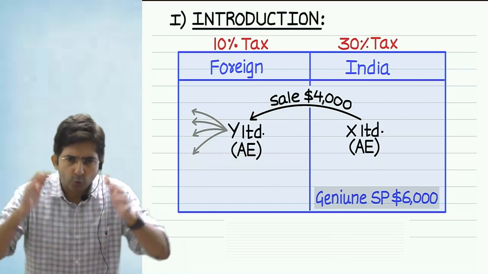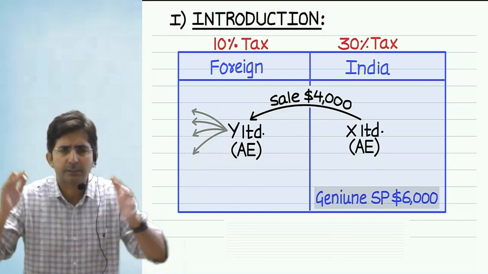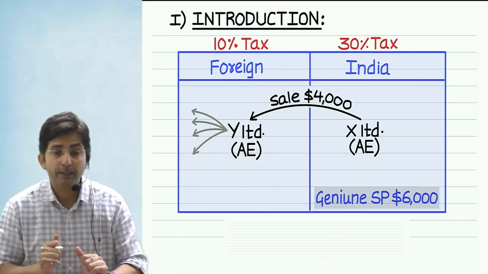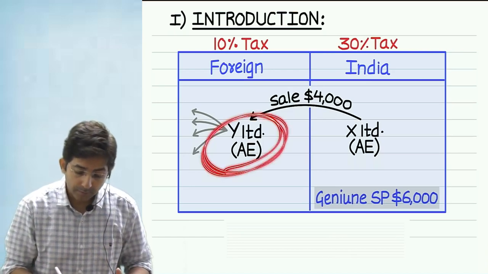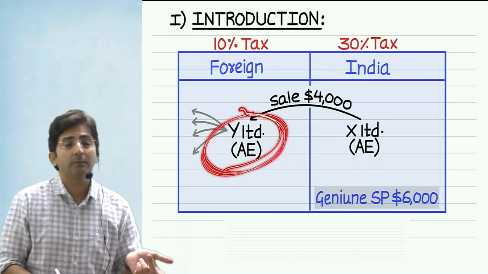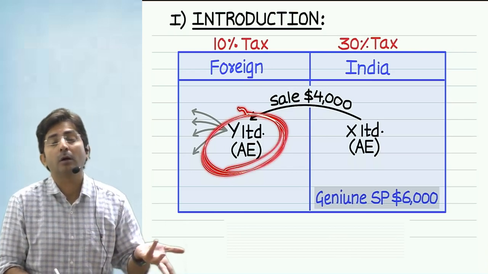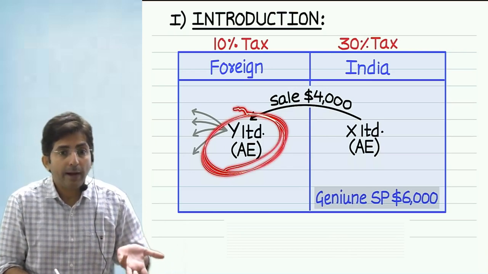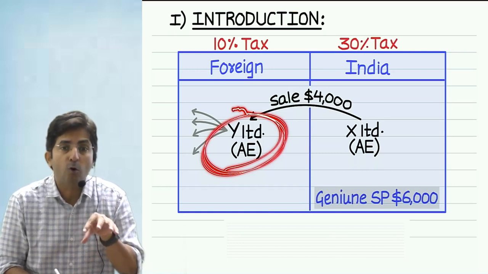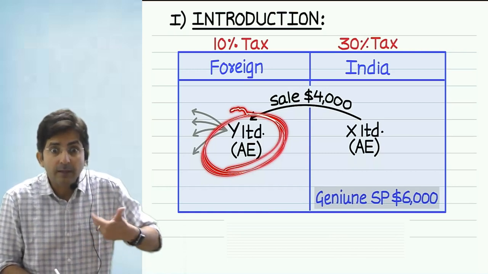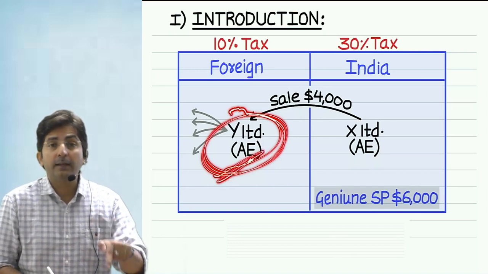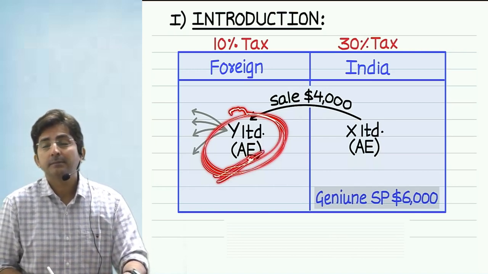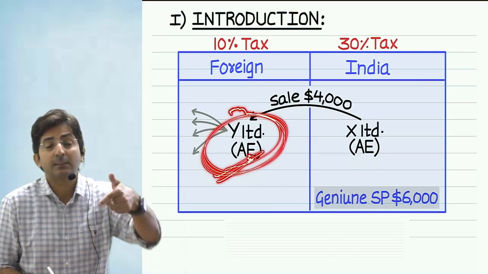So if we reduce the sale price as much as possible, the side effect is that the lower sale price will amount to a lower cost for Y Limited. So when Y Limited has to show a low cost, its profit will increase. And if Y Limited's profit increases, its tax will increase.